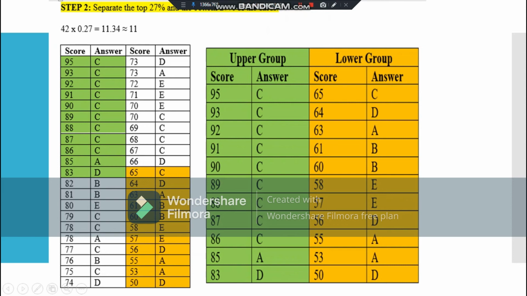So we must have 11 students from the top and 11 students from the bottom. So there are 11 students in the upper group and 11 students in the lower group. The students who are in the middle will just be disregarded, will just be omitted.